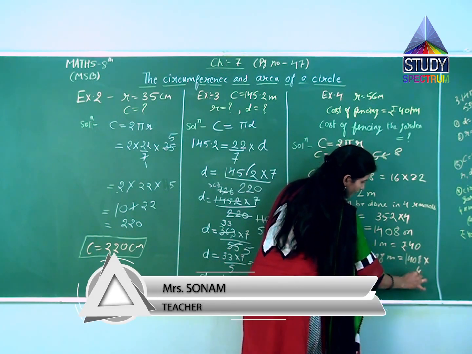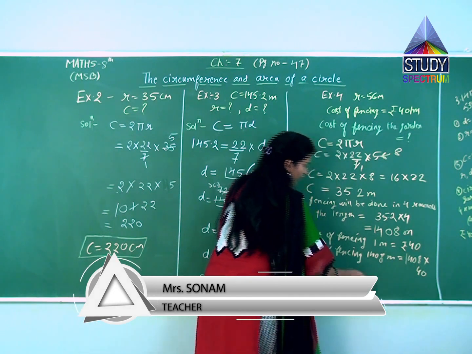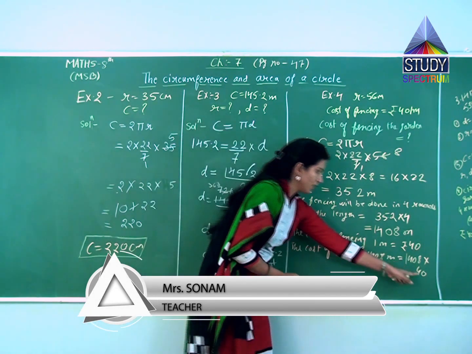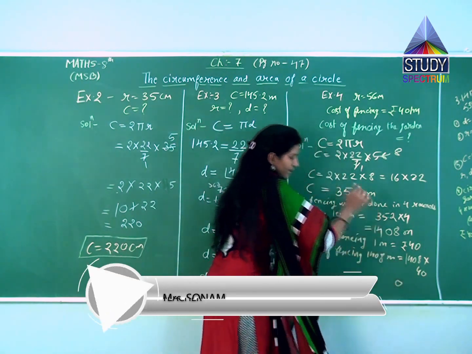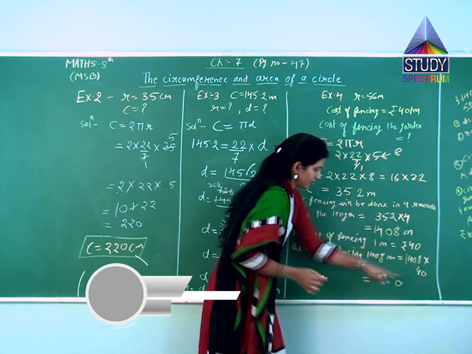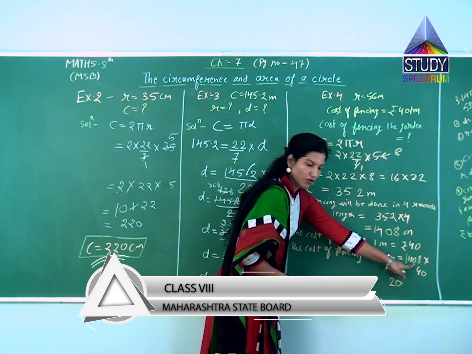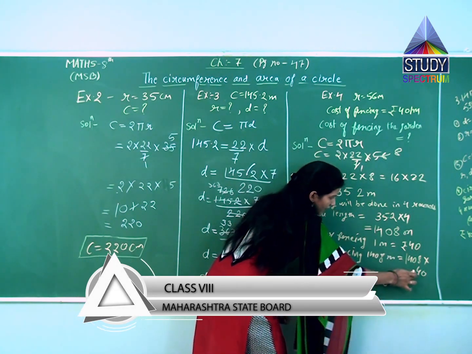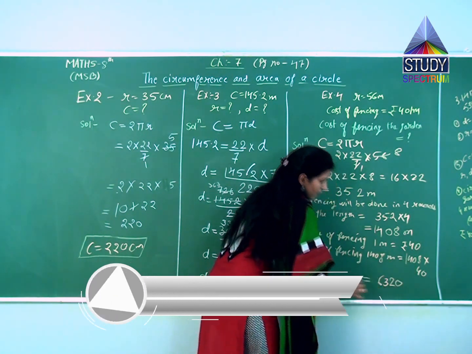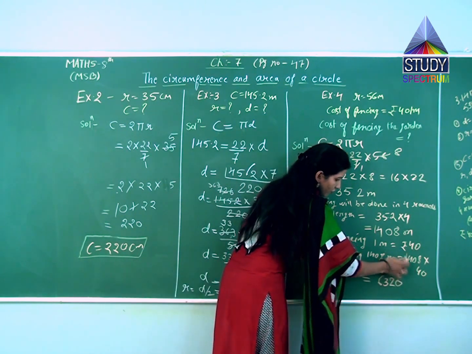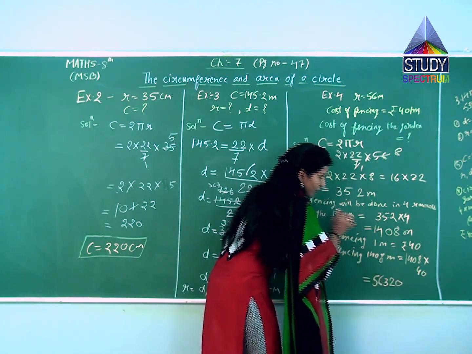1408 into 40, and that will be equal to a 0 as it is, and 4 eights are 32, 3 carry, 4 zeros are 0, 0 plus 3, 3, and 4 fours are 16, 6, 1 carry, 4 ones are 4, 4 plus 1, 5.